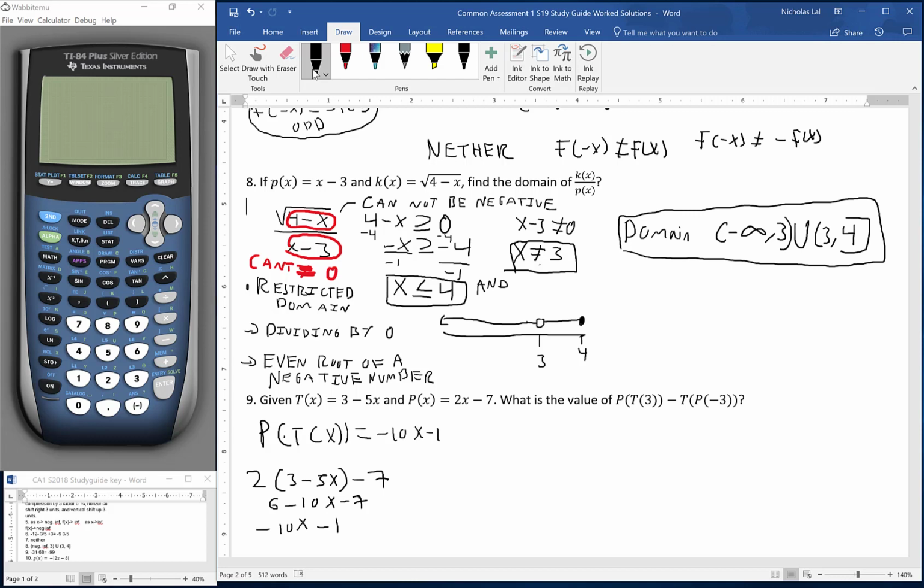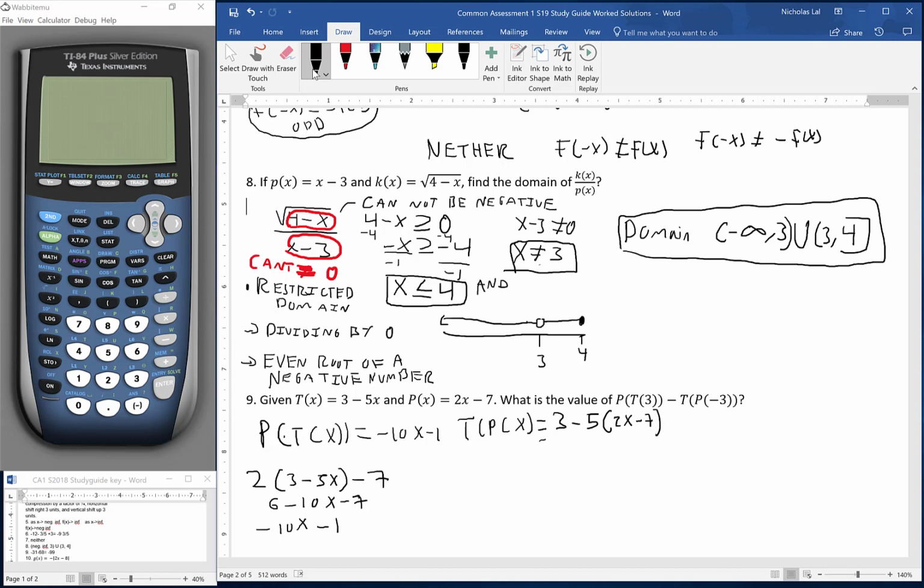Now let's find t of p of x. t of p of x is equal to, well, p of x is 2x minus 7. We plug that into t of x, which is 3 minus 5x. That becomes 3 minus 5 times, now we plug p of x in, 2x minus 7.